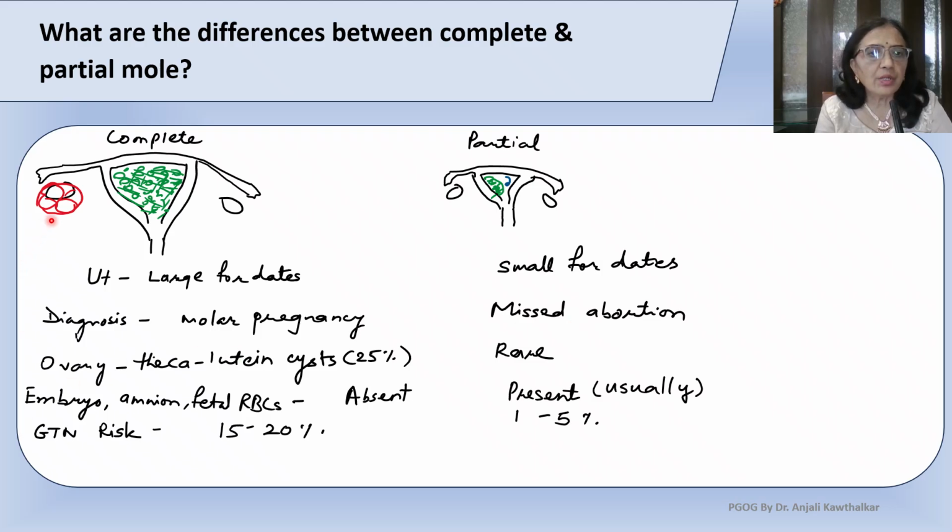The ovary has theca lutein cysts in 25% of cases of complete mole, as the production of hCG is much higher, whereas in partial mole, theca lutein cysts are rarely seen. Embryo, amnion, fetal parts and fetal RBCs are absent with complete mole and usually present with partial mole. Gestational trophoblastic neoplasm risk is 15 to 20% with complete mole, whereas it is 1 to 5% with partial mole.